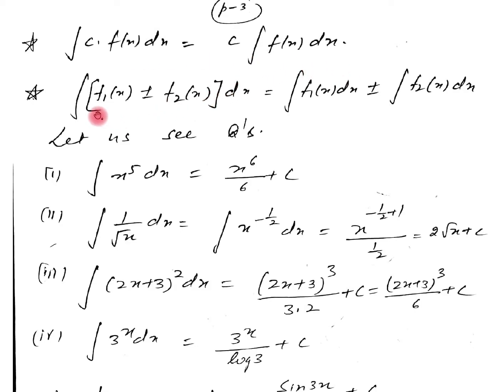Again, the integral of the sum or the difference of two or more functions: the integral of f1(x) plus or minus f2(x) dx equals the integral of the first function plus or minus the integral of the second function. If the plus sign is there, here should be plus. If the minus sign is there, here should be minus.